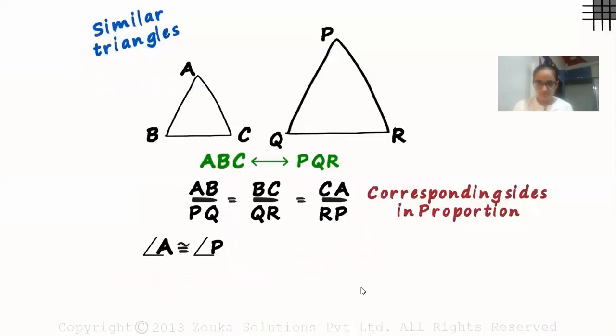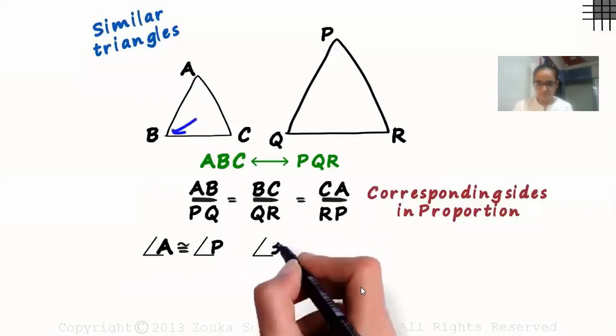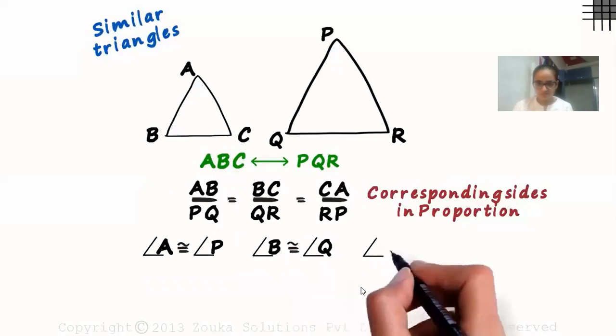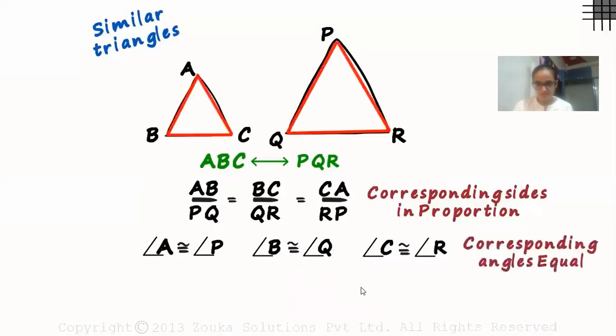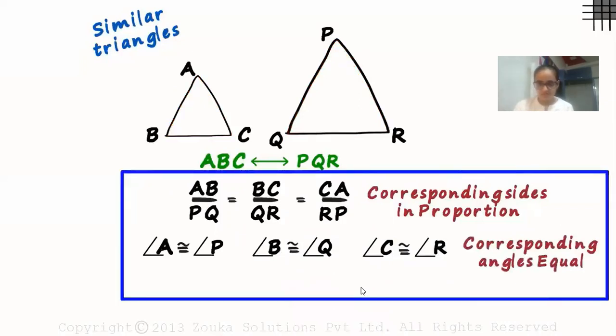Similarly, angle B will be congruent to angle Q and angle C will be congruent to angle R. When the triangles are similar, their corresponding angles will be equal. So we can deduce all this when we are given that two triangles are similar.